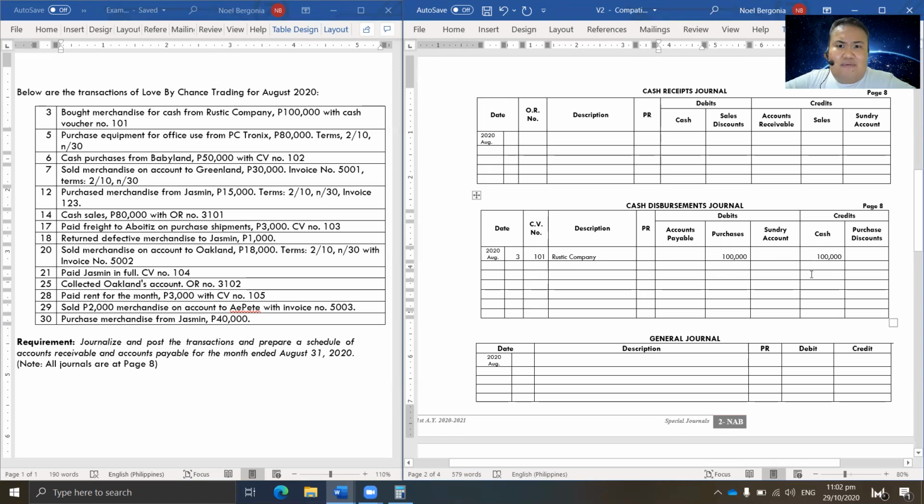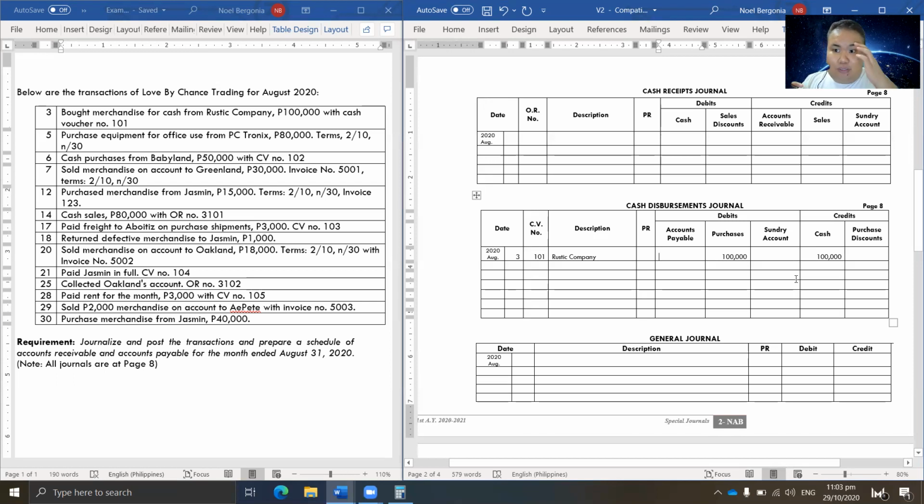Sir, when do we post to the general ledger about these amounts? That will be posted at the end of the accounting period. Once we use special journals, unless it is a sundry account, we will post them to the general ledger at the end of the reporting period after you have journalized.